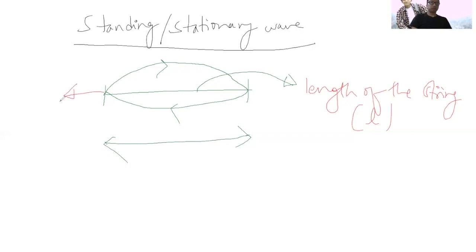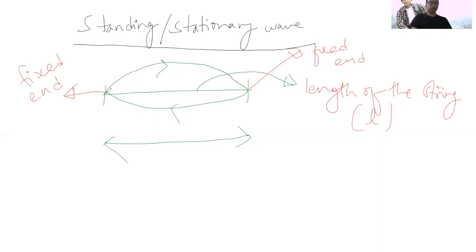These are the fixed ends. Now this wave does not carry energy because it is not propagating, it is confined within the region, right?